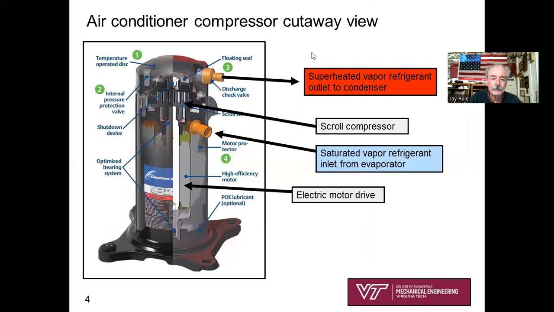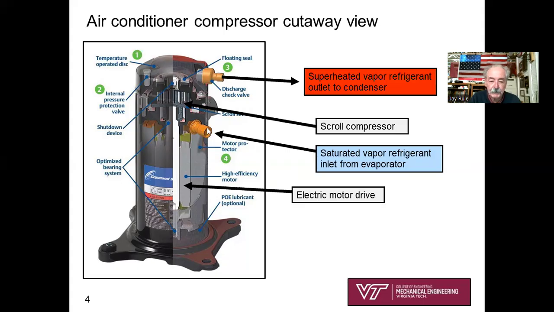Well, what is an air conditioner compressor going to look like anyway? This is an example of what's called a scroll compressor. Proportionally, the compressor part of this unit is not a big part. By far and away, the biggest part of this enclosed unit is the electric motor drive. Here is our inlet.